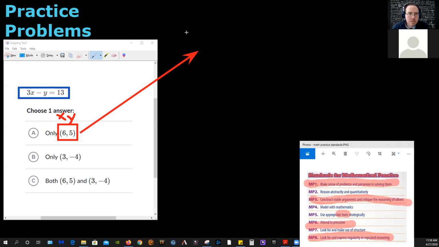So that means the original was 3x minus y equals 13, but I've got an x value and I have a y value that I can substitute for. So x is 6. So it's 3 times 6 minus y, which is 5.